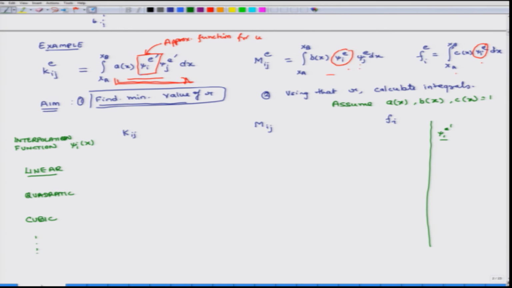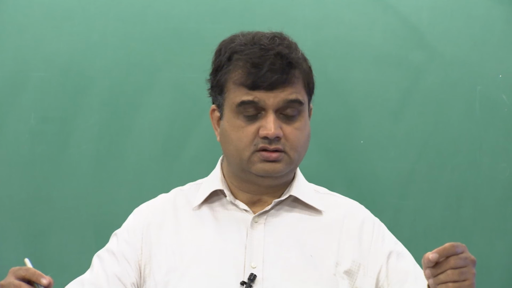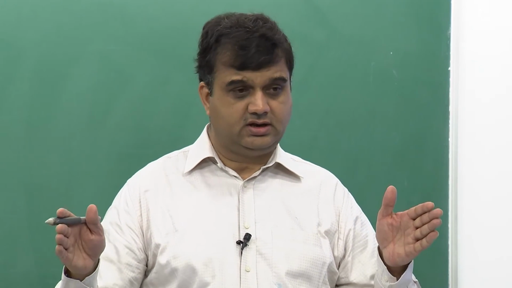What about dx? When we do this integration, we are going to do it in the natural coordinate system. So, dx gets transformed as J times d zeta, and we had discussed in the last class that if the element is a straight line, then the Jacobian J is constant and it is h over 2, half the length of the element.